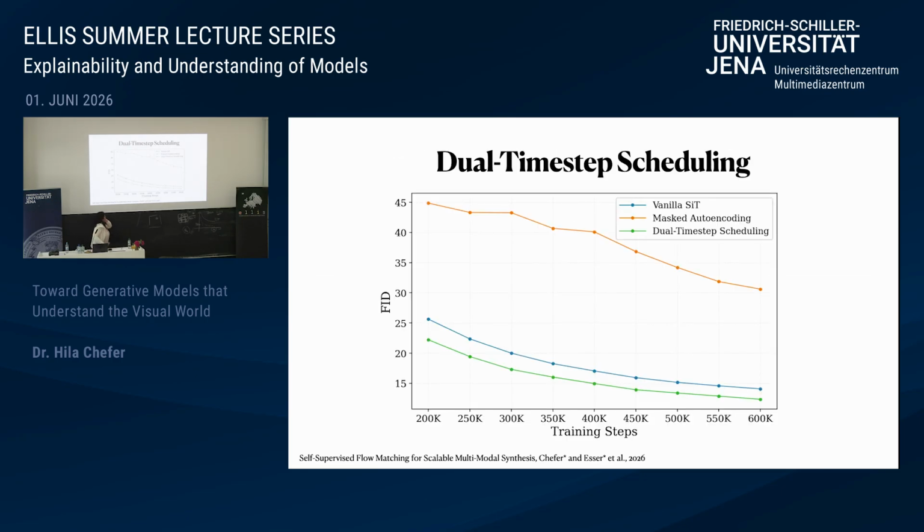So very interestingly, despite the fact that we're creating this train-inference mismatch still, we talked about it in the naive masked autoencoding version, but this also exists with DTS, with dual time subscheduling, because at training we show two noise levels. At inference, the model has just a single unified noise level across all the tokens. And still you can see that DTS is the best of all these options. We talked about representation learning, the student needing to reconstruct the teacher's features. Here we still didn't add the self-supervised objective.